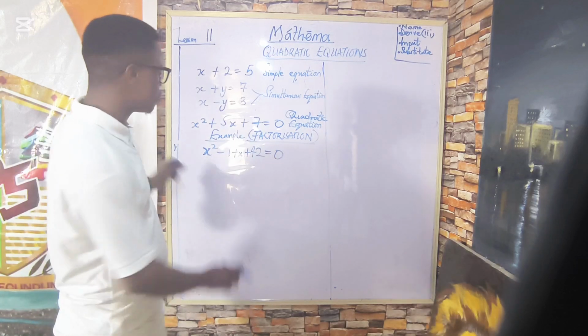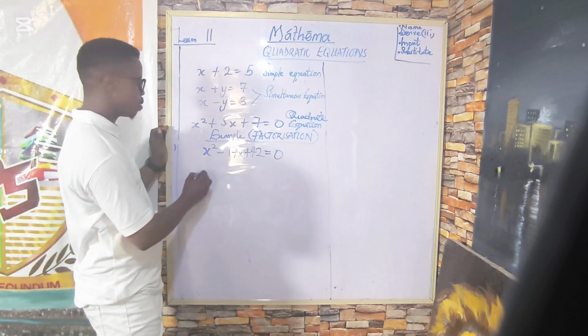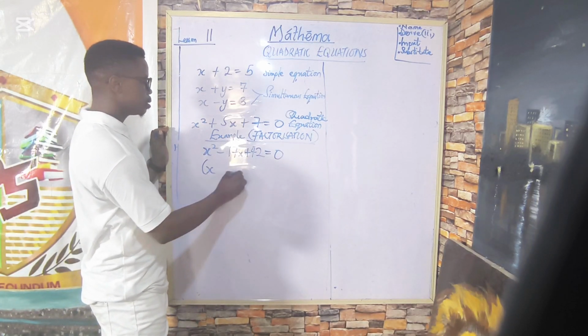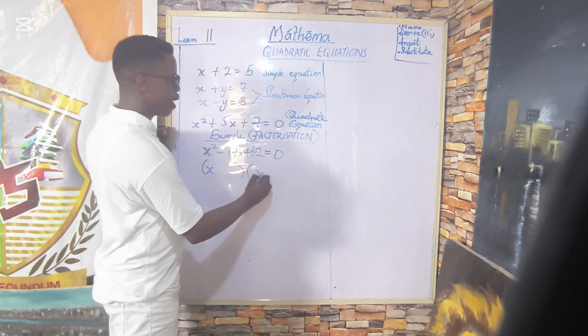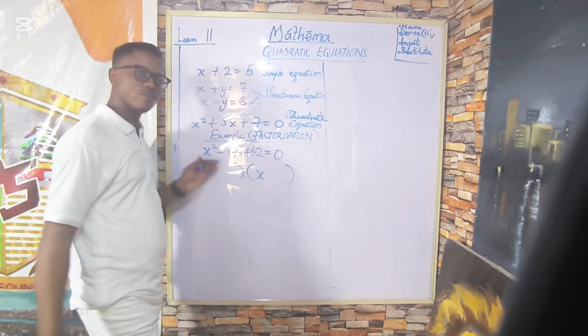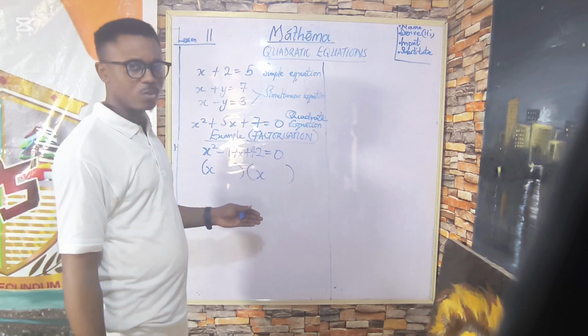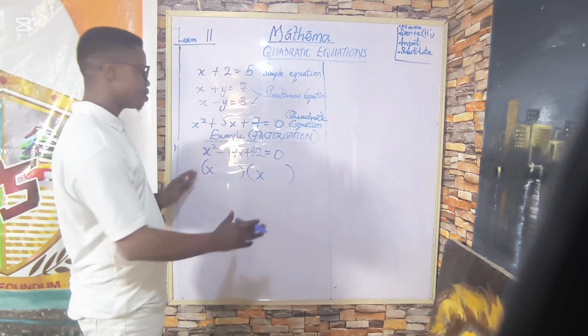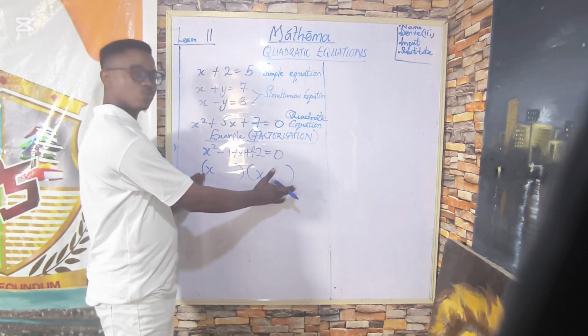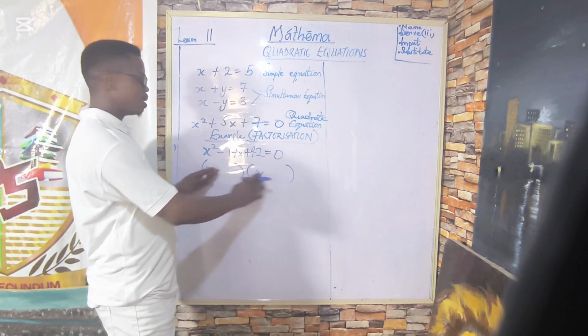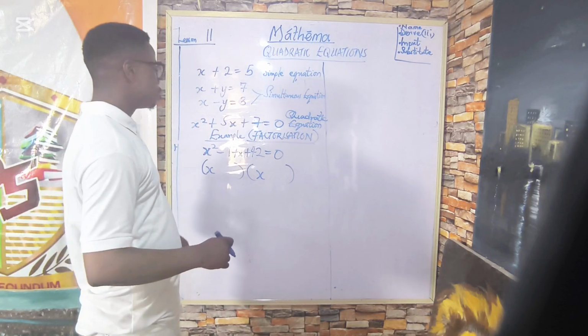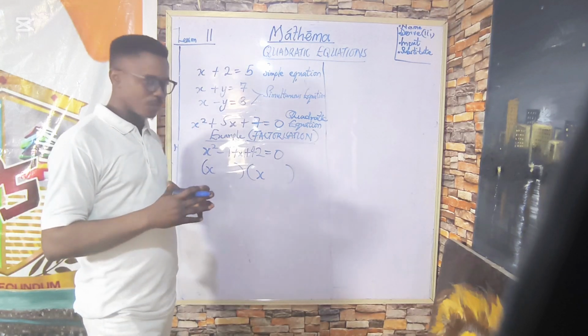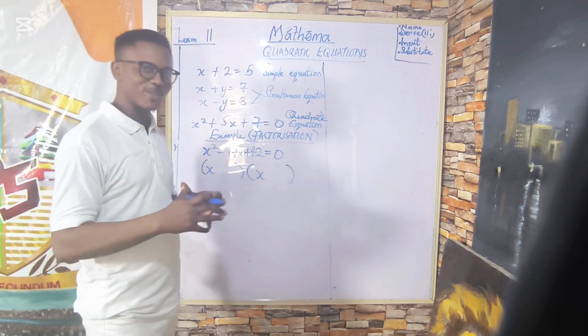Before we solve it, because this is a square, we're going to create two brackets with x in both of them. This is one of the simplest forms of quadratic equations you will solve. So the first thing to do is to state our two brackets this way and put x into the two of them. Now we're going to be playing a game. I call it the game of factors.